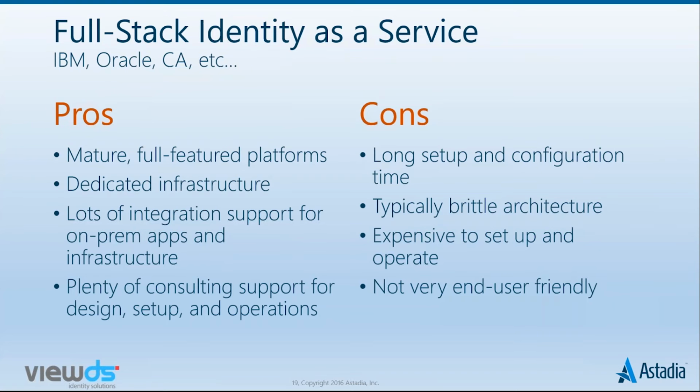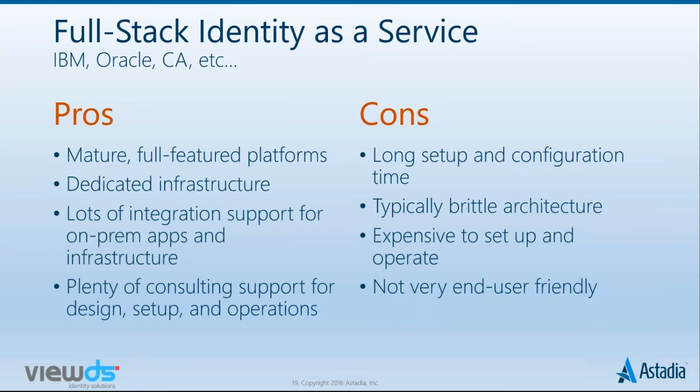The first approach, I'll call it the full stack identity as a service approach, takes a mature identity and access management platform, say like IBM Tivoli, or Oracle, or CA, and so forth, and it packages them up in a cloud environment so that it can be delivered as a service over the internet.